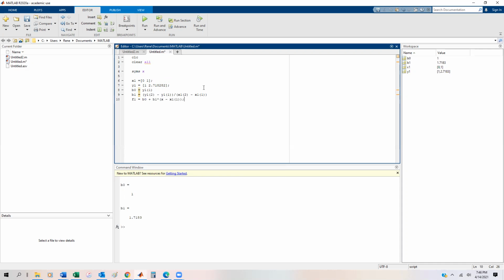And that's literally how we get an interpolating polynomial. So we can do an fprintf, and it's going to say that the linear interpolating polynomial is, let's say %s, because it's a string, and let's call F1.